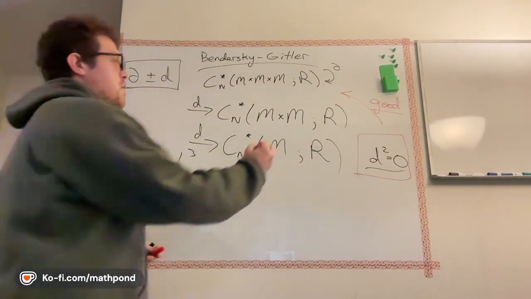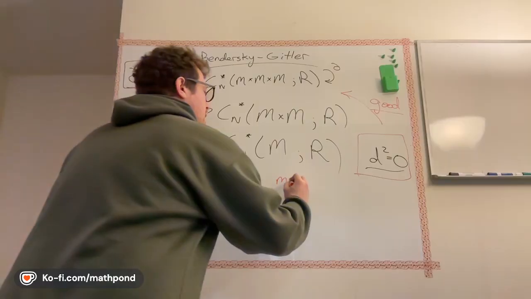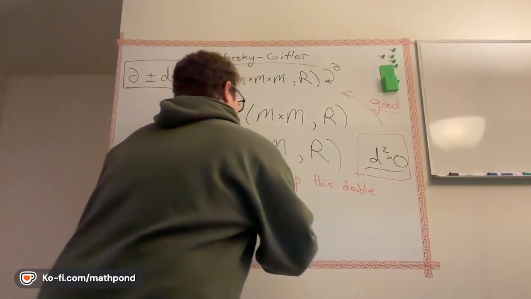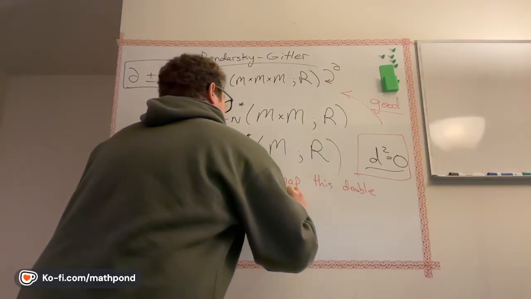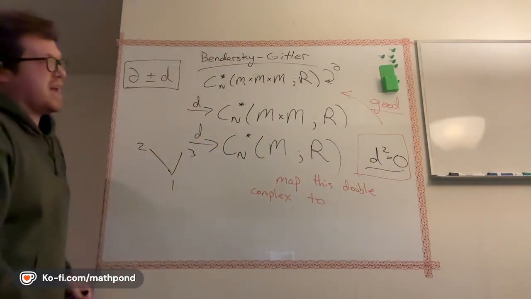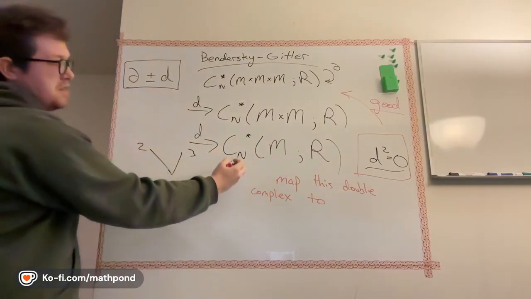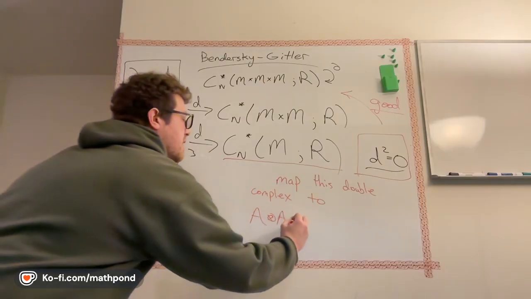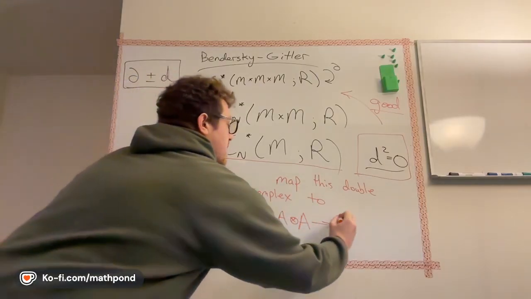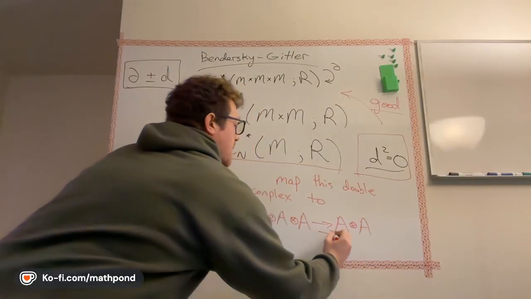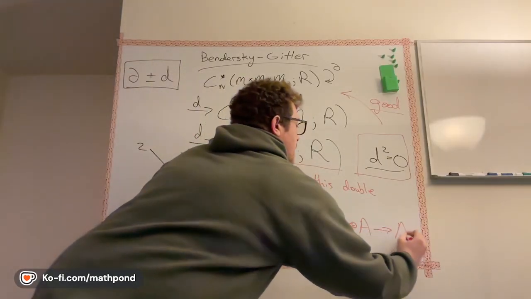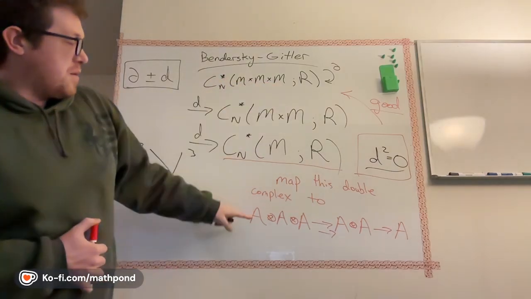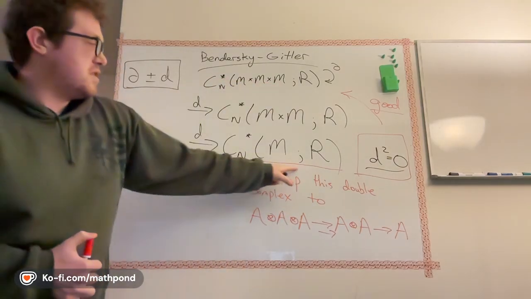So essentially we want to map this double complex to basically the picture that I had written before, where A is just this guy here, and it'll just be A tensor A, mapping to A tensor A, two different maps, mapping to A. So here we have M times M times M. Here we have A tensor A, where A is just a single copy of M.